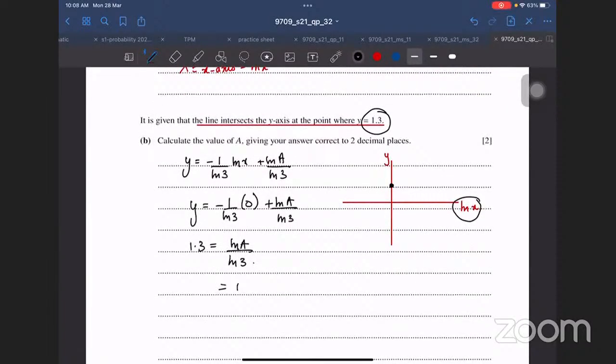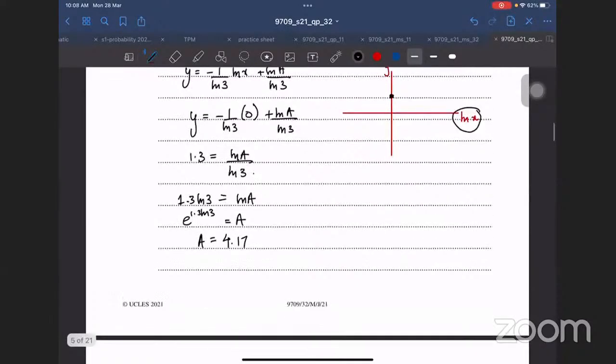So ln a is 1.3 ln 3, and then a is exponential of 1.3 ln 3. In decimal terms, that would be 4.17, correct to 2 decimal places.